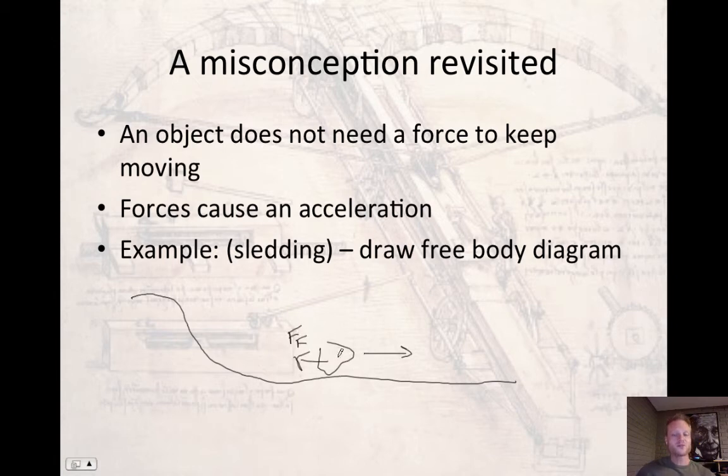The frictional force between your sled and the snow is what's going to cause you to stop. And thank goodness it does, because if there was no friction, your sled would just keep on going until you hit the nearest object. So forces cause an acceleration, which is a change in velocity, not motion. Try to wrap your mind around that one, because it's an important concept to get.